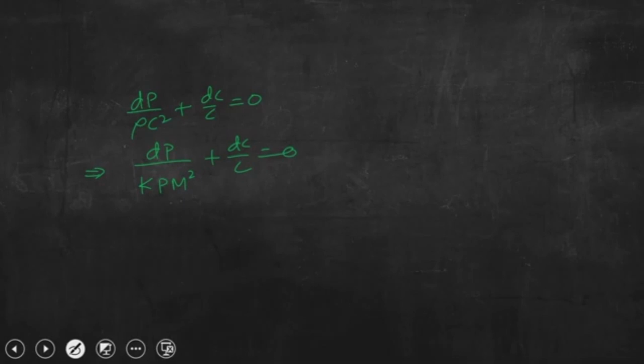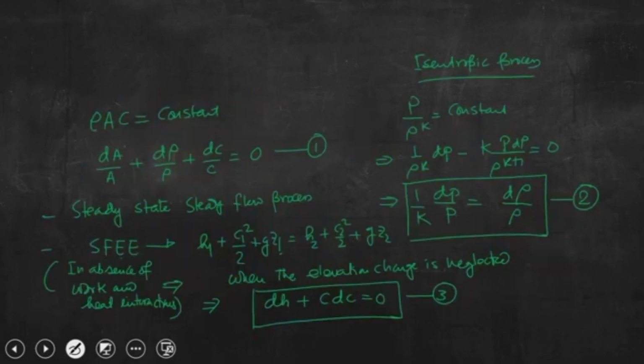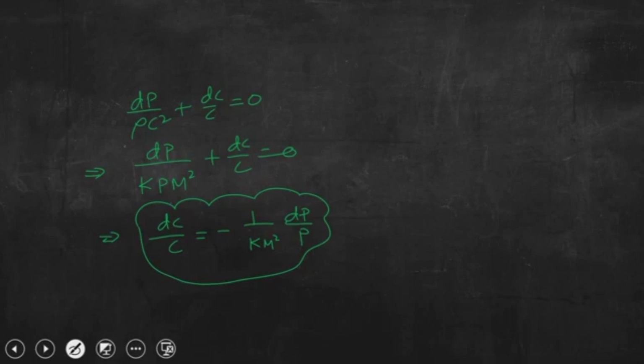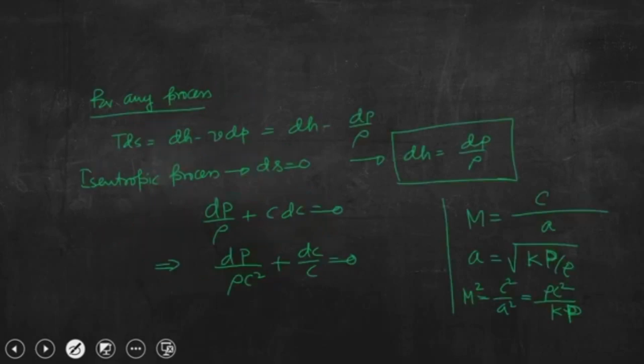If we just write it, we can write dC by c equal to minus 1 upon k M square dP by p. So, this is again one term. If we go back to equation 1, we got the expression for dC by c, that is 1 upon k M square into dP by p.